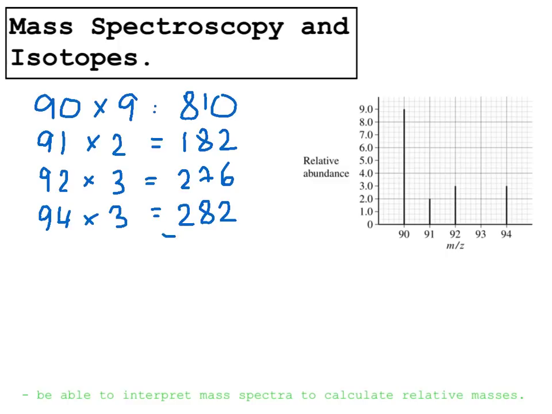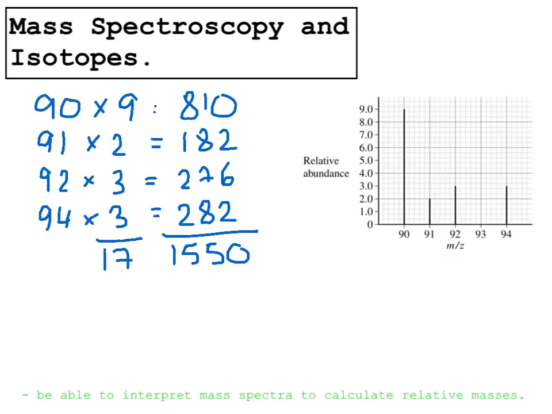The next step is to add up the numbers that you've worked out from your multiplications. And once you've done that, you'll find that 810 added to 182, added to 276, added to 282 equals 1,550. You also need to add up the relative abundances that you multiplied by. So 9 plus 2 plus 3 plus 3 adds up to 17.